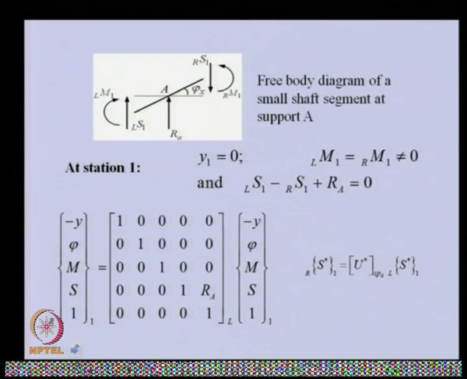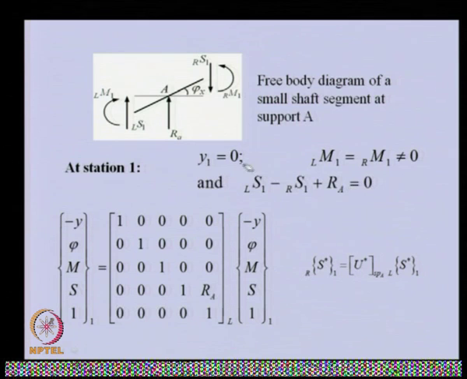Now we are again coming back to the conditions at the support. At the support, what are the conditions we have? Y1 is equal to 0, that is, the displacement at station 1 is 0. Moments are not 0 on the left and right side, and the force balance contains the shear force and also the unknown reaction force.